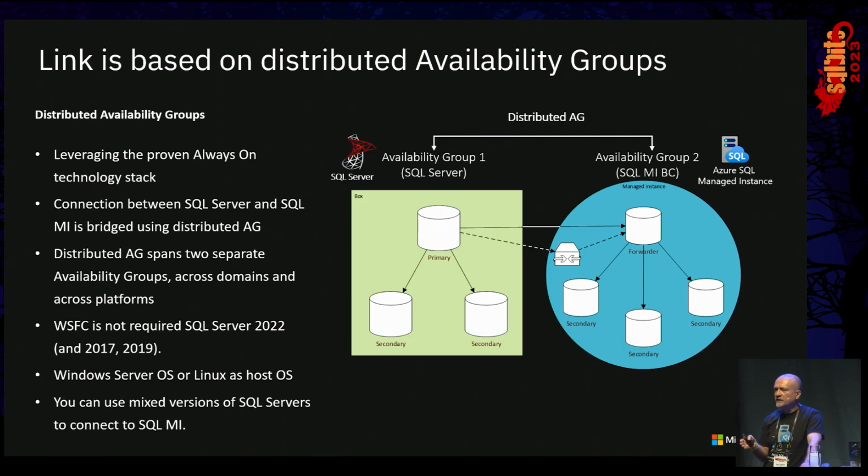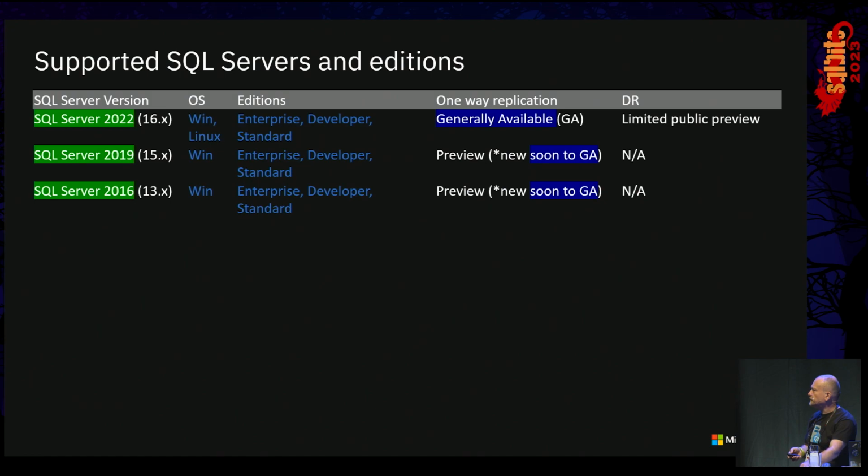So customers ask, will this work on General Purpose managed instances? The answer is yes, because although our General Purpose managed instances use FCI for high availability, we also have local AGs on them. So this will work on both Business Critical and General Purpose managed instances, so all service tiers.